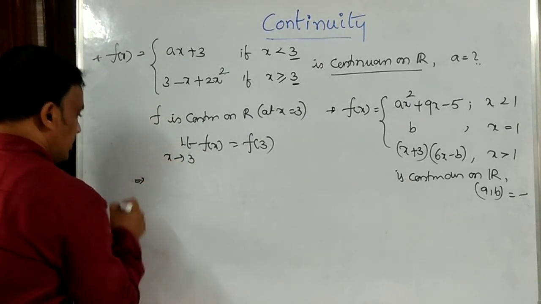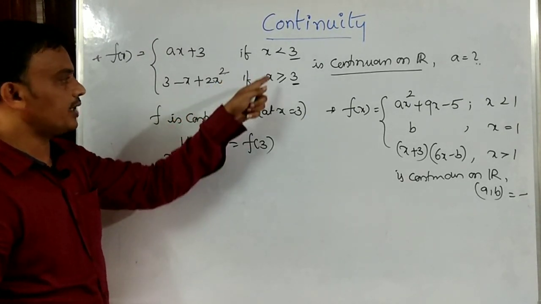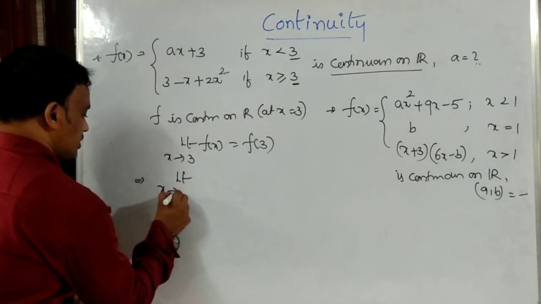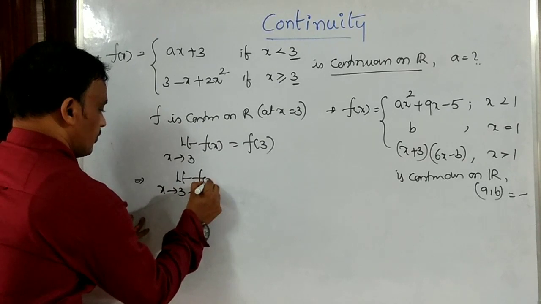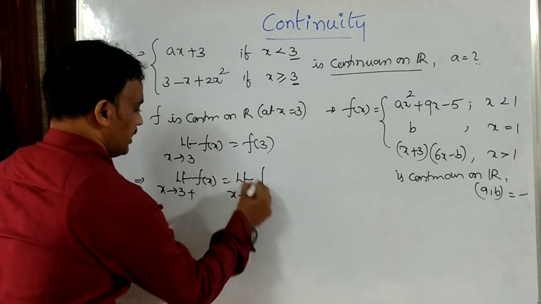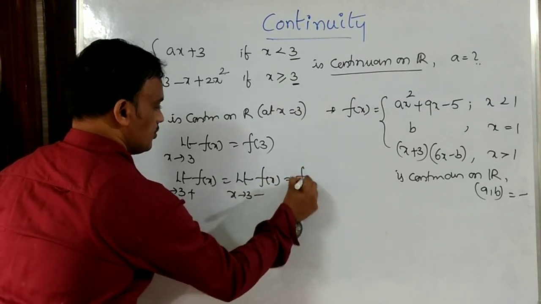Here they have given the left limit and right limit at 3. This means limit x tends to 3 plus of f of x equals limit x tends to 3 minus of f of x equals f of 3.